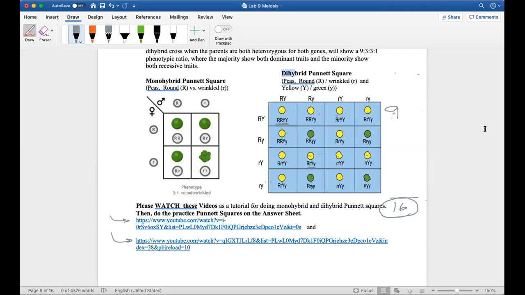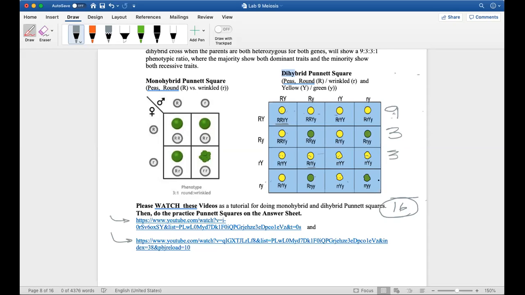Another way you can look in this scenario is you can be dominant with a round shape, but recessive with a green interior color. How many of those are there? 1, 2, 3. Okay. You could also be, let's see here, wrinkled, which is a recessive trait, with a yellow interior, which is a dominant trait. 1, 2, 3.